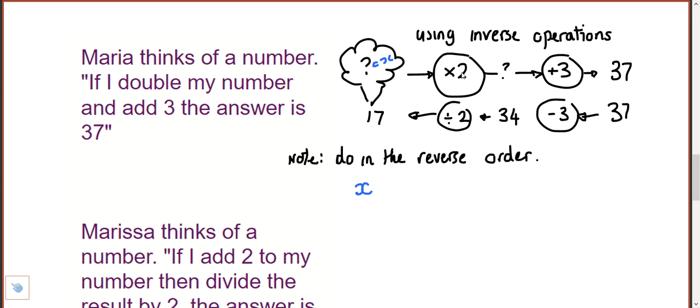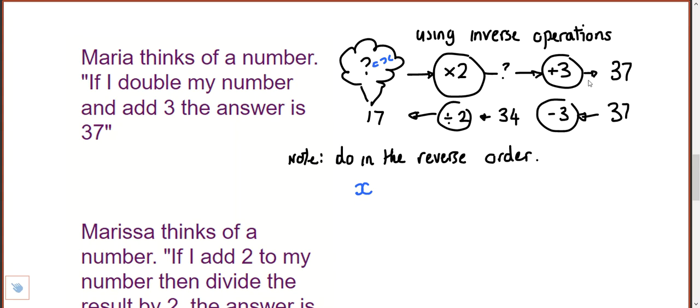Now we've obviously got to find a better way. We can't just write X and then still do the arrows and the function machines. So we have to write it correctly. What I want you to think about here is when I look at an algebraic equation, I need to be able to understand what it's telling me, the language. So, what do we do to X?